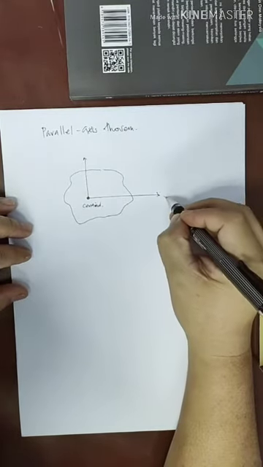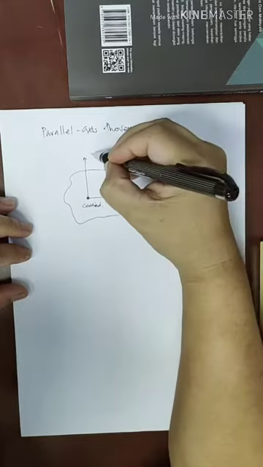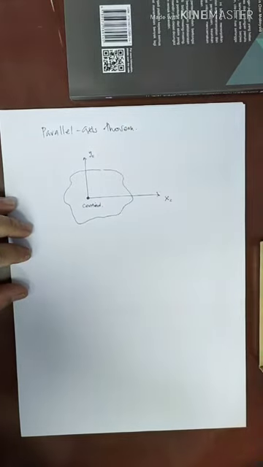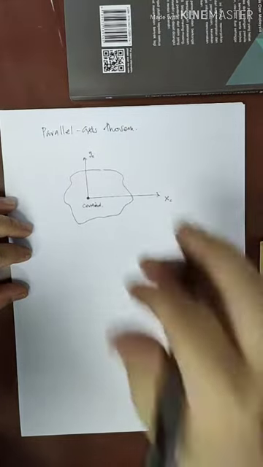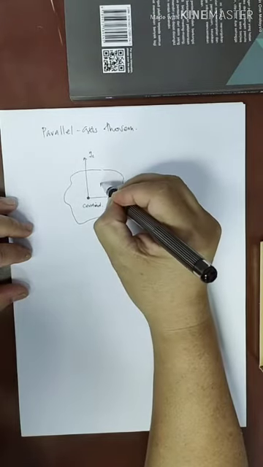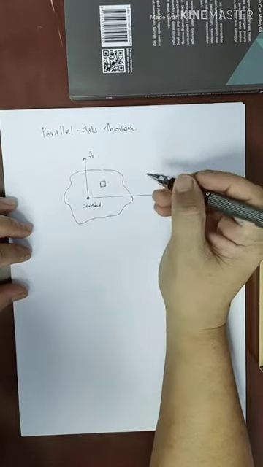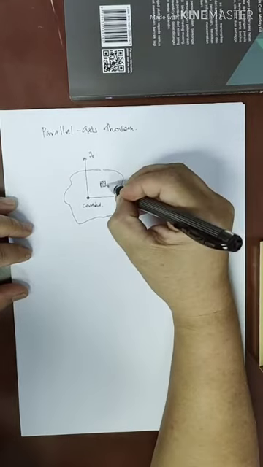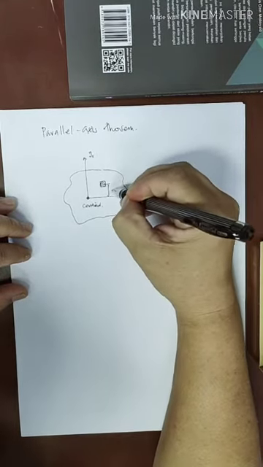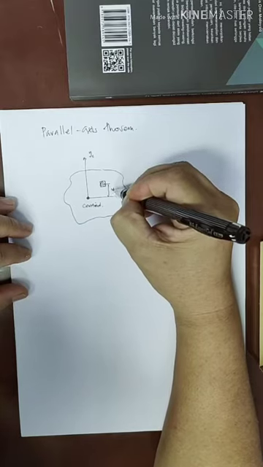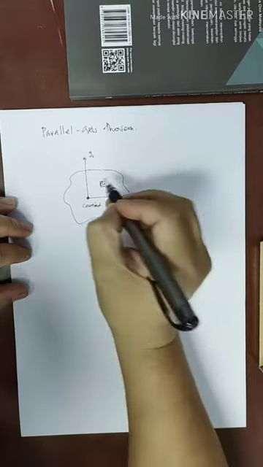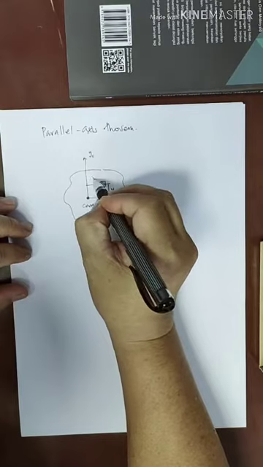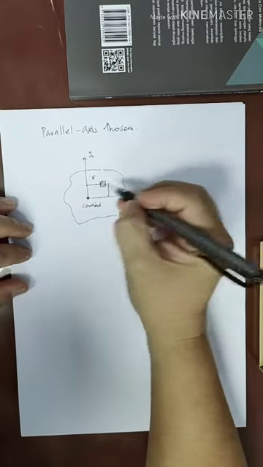So this is the Xc and Yc. So that is one small element, okay, located at Y from the centroid and also X from the centroid.